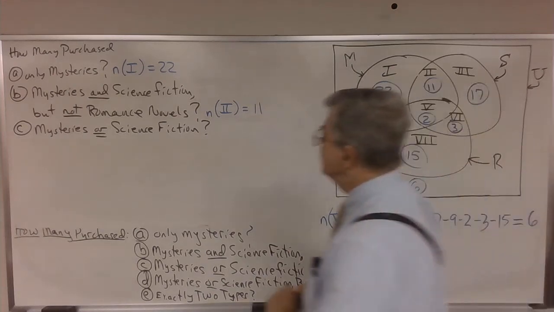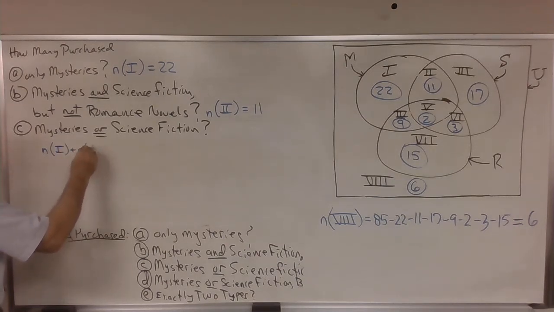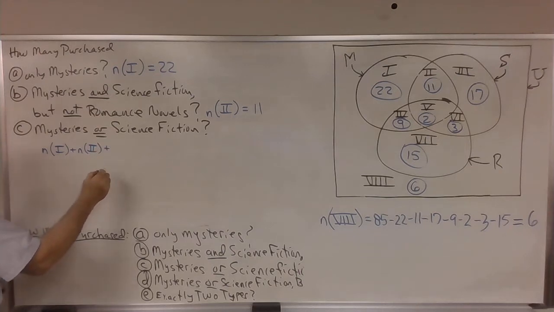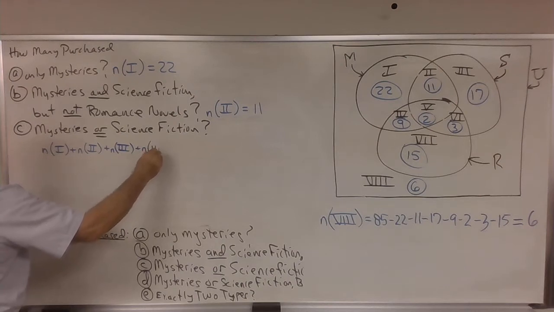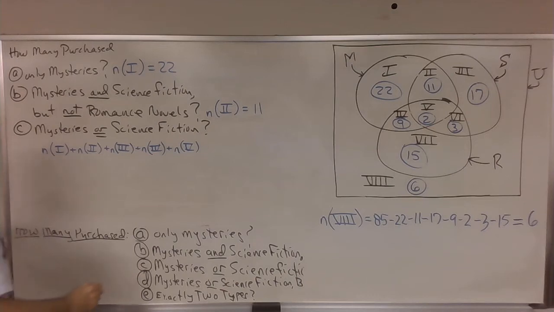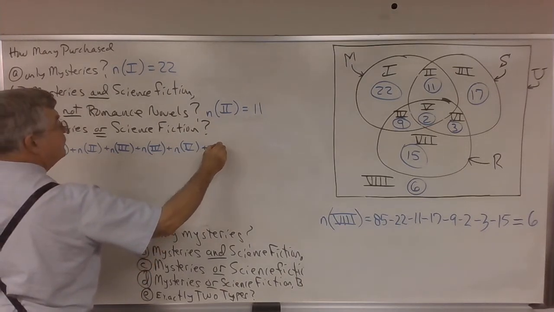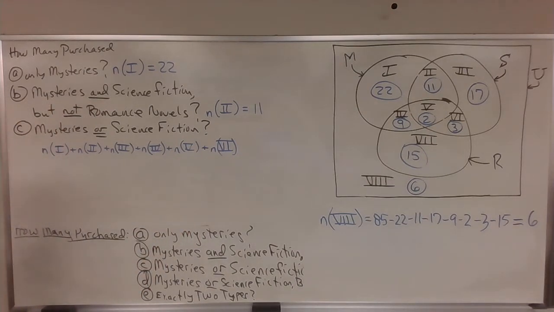So what regions are that? Number 1, number 2, number 3, number 4, number 5, number 6. Anything that's in the mystery circle or the science fiction circle or both.